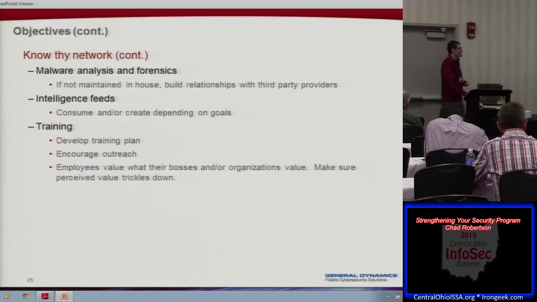Intelligence feeds: consume and/or create, depending on goals. So intelligence, I think, can be considered from two perspectives. You can be a consumer of intelligence or a creator of intelligence, depending on your goals and the enterprise and enterprise resources. If you're going to consume, then consider the consumption sources.